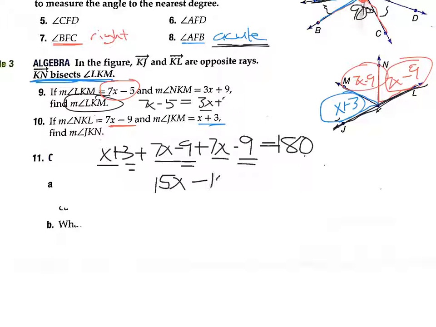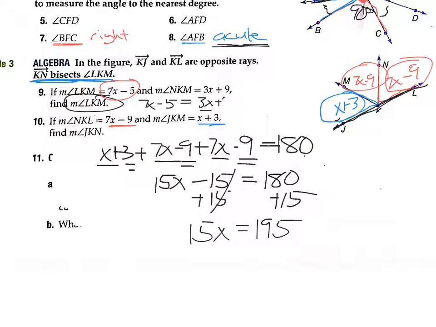It's going to be minus 15 equals 180. Add 15 to both sides. So I get 15x equals 195. And if I divide by 15, that's going to give me x is 13.